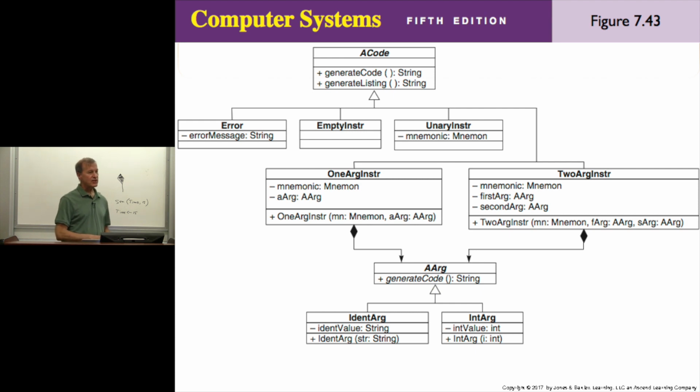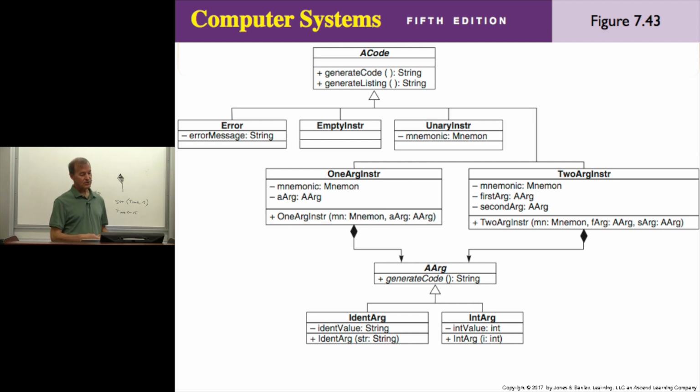Now look, you guys, in your code, you need to read the problem description in the text about naming these things. One arg instruction and two arg instruction are not appropriate names to use in PEP 9 assembly language. We don't have one argument instructions and two argument instructions. We have unary and non-unary.